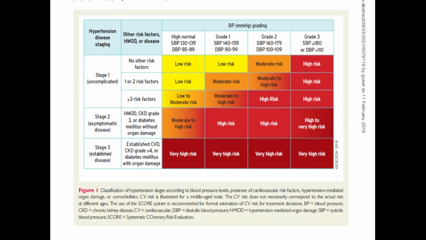In grade 2 of arterial hypertension, if no risk factors, moderate risk; if 1 or 2 risk factors, moderate or high risk occurs; and if we reveal more than 3 risk factors, high risk occurs.